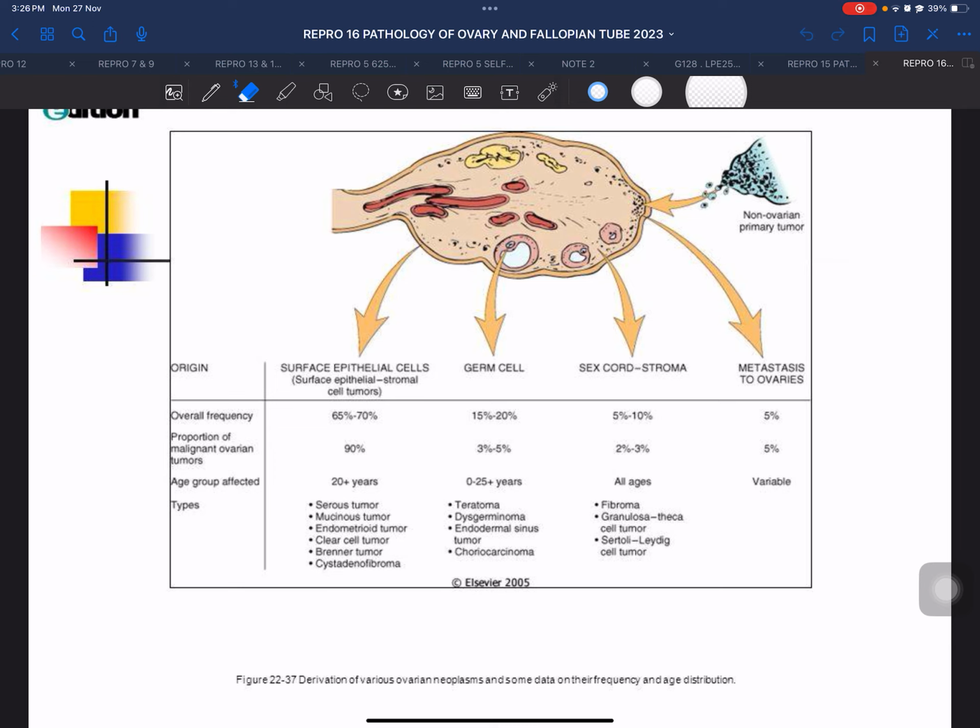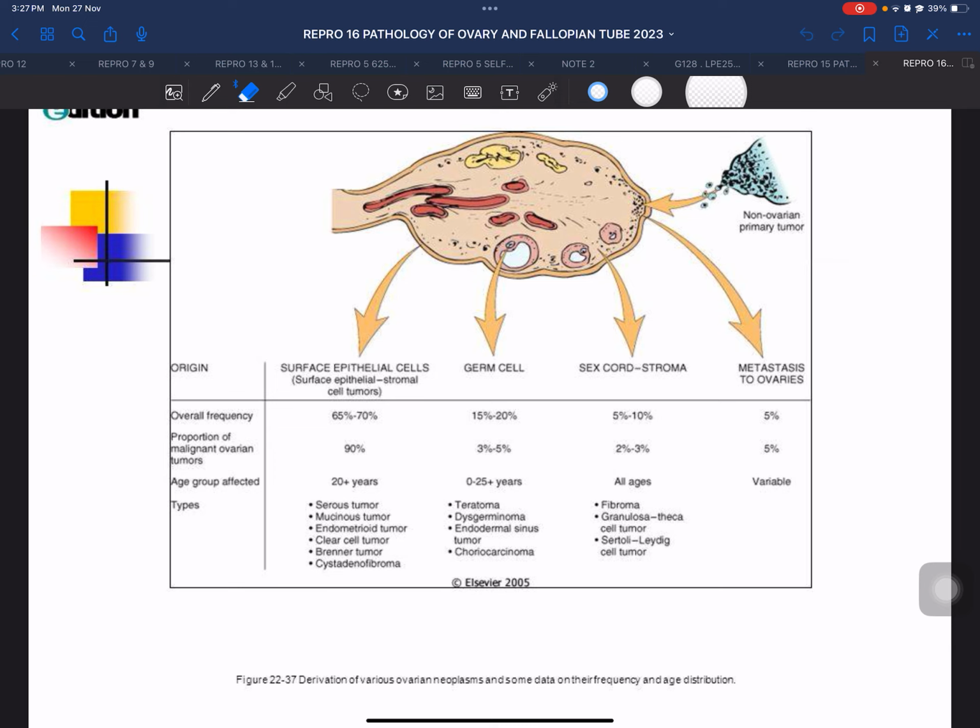But you can also get metastatic or secondary tumors in the ovary. Okay? So neoplasms of the surface epithelial origin account for the great majority of primary ovarian tumors. Okay? And the germ cell and the sex cord stroma tumors are much less frequent. They only constitute about 20 to 50% of ovarian tumors.